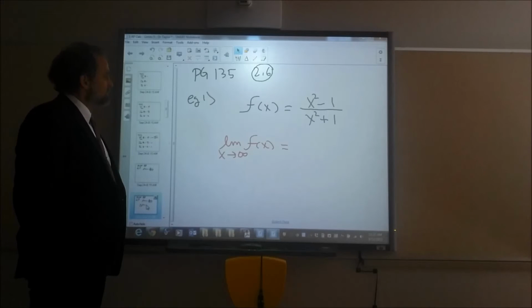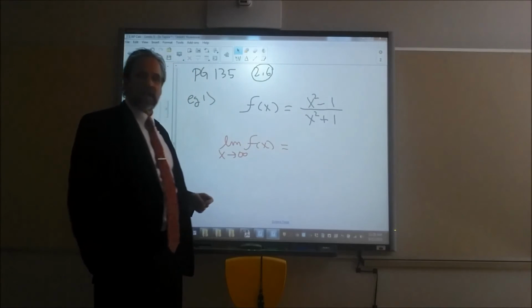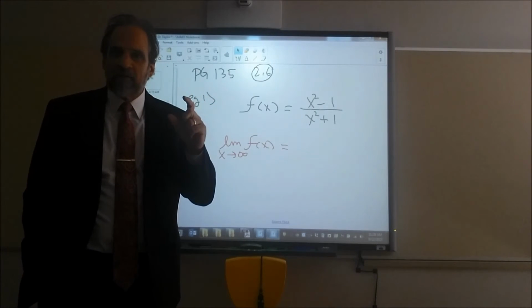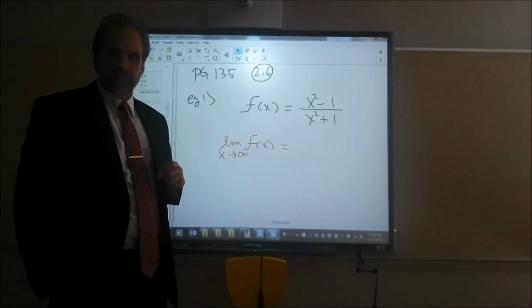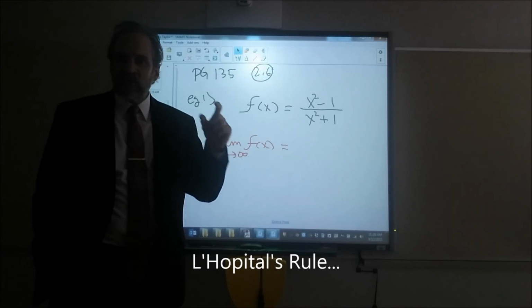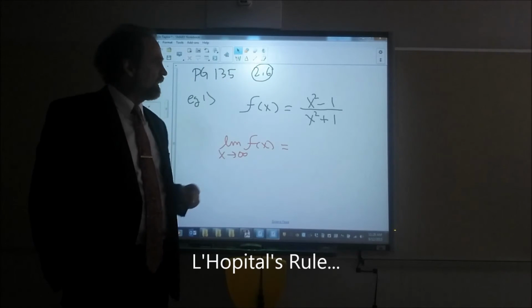But since I'm looking at the limit as x goes to infinity of that function, what can I do? I can ignore what's not a variable. And if I have more than one variable, I can ignore all but the highest order variable on the top and do the same thing on the bottom.